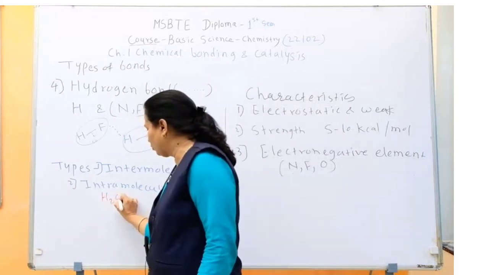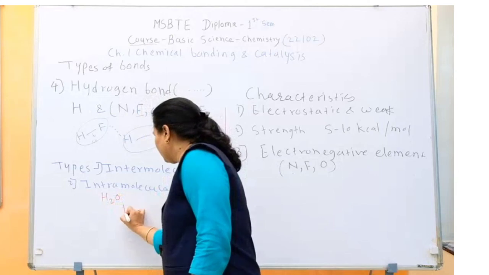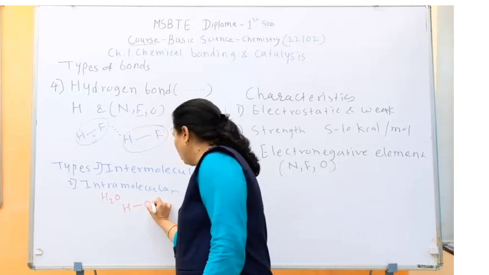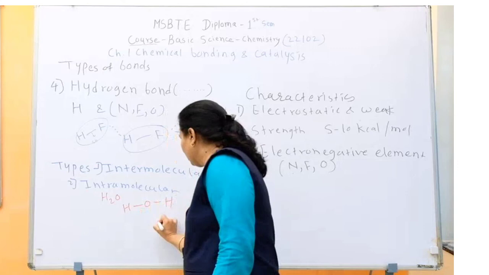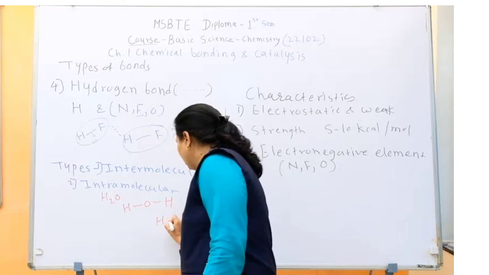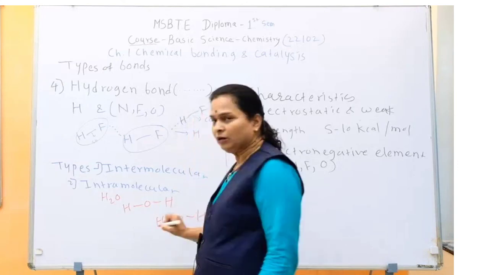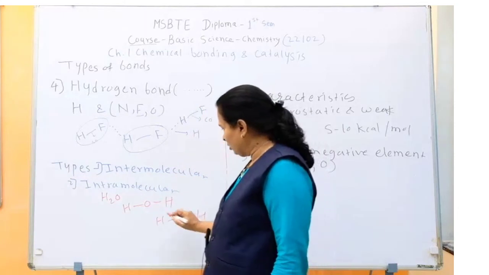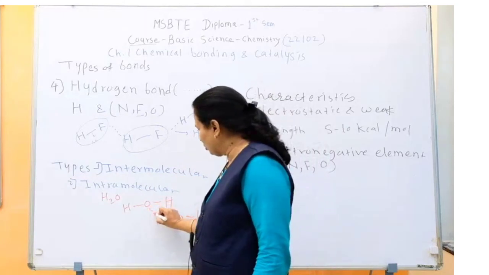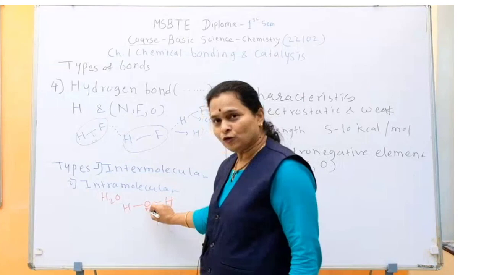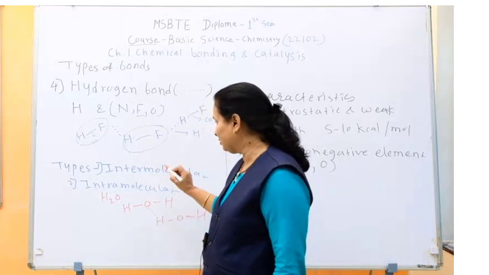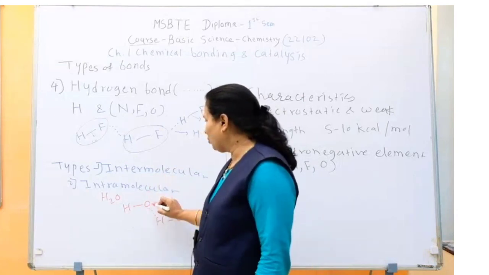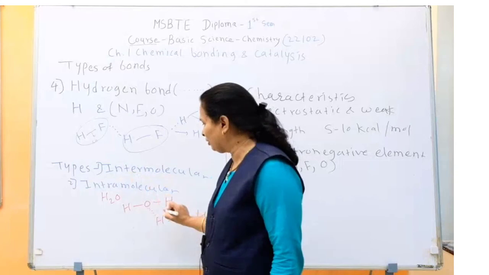H2O, that is the water molecule, H O H, again H O H. These are 2 water molecules. The bond between this hydrogen and this oxygen is known as intermolecular hydrogen bond.